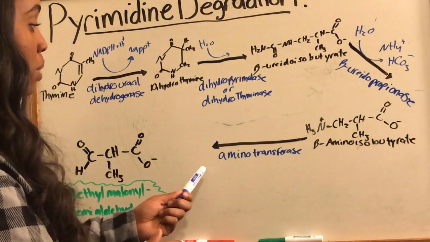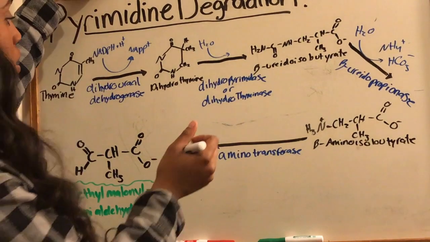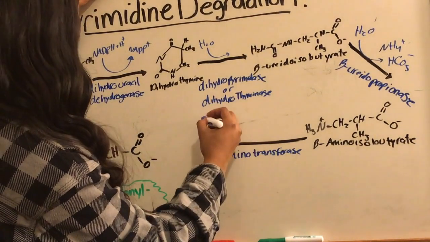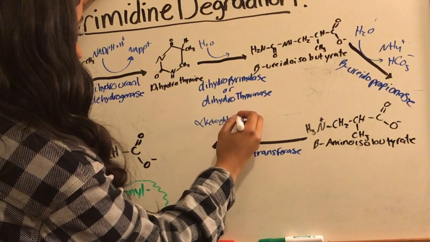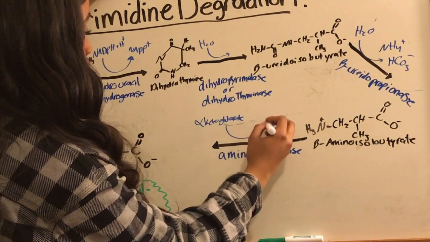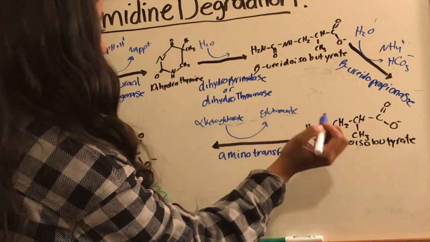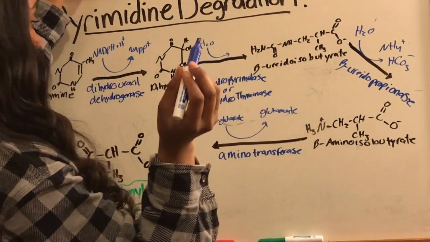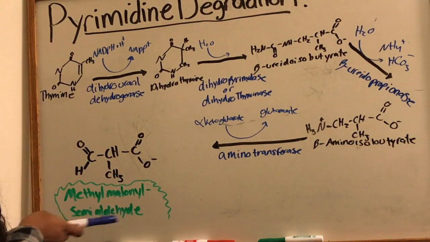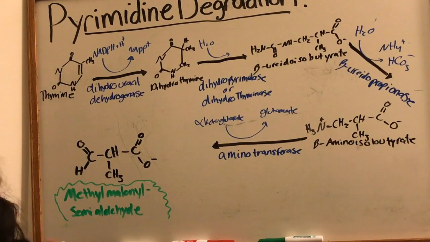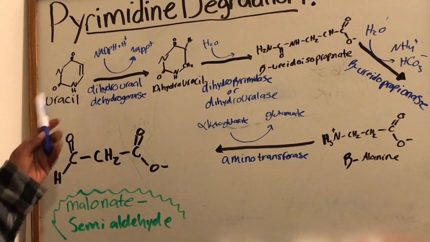And last we have aminotransferase, and that is going to be coupled with the transamination of alpha-ketoglutarate to glutamate. And that is going to form our methylmalonyl semialdehyde.